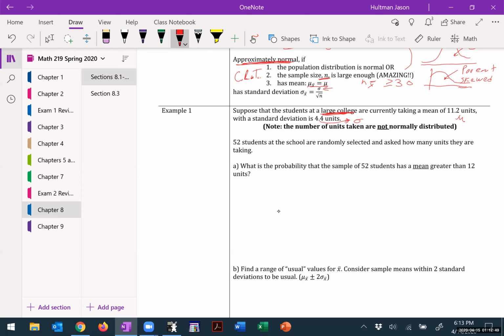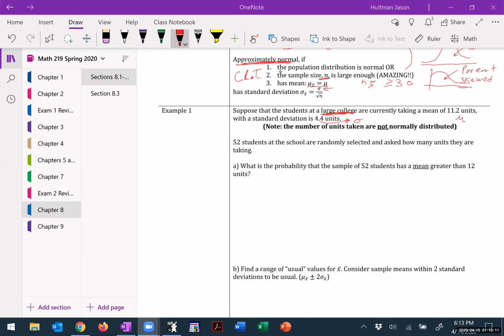Okay, 52 students at the school are randomly selected and asked how many units they're taking.